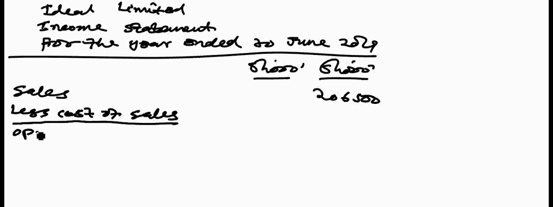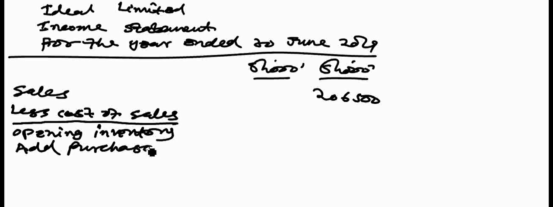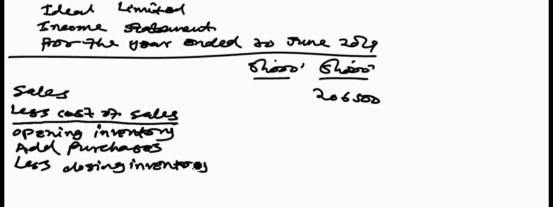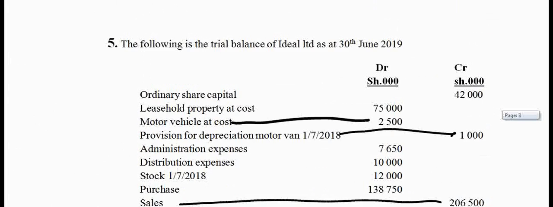We begin with opening inventory. Then we say add purchases. Then we say less closing inventory. I think there was no carriage inwards and returns outwards. And let's see what that gives us.